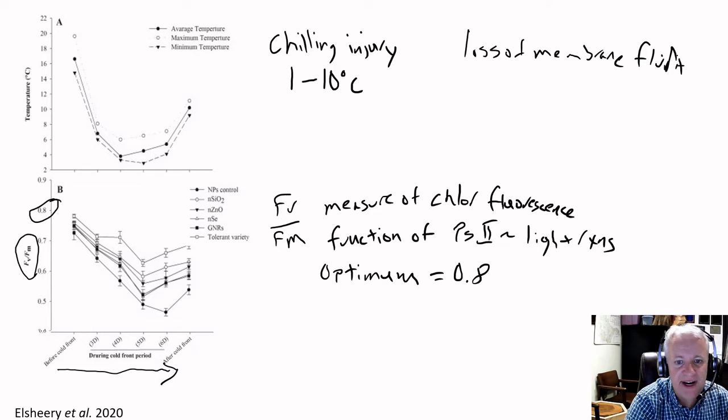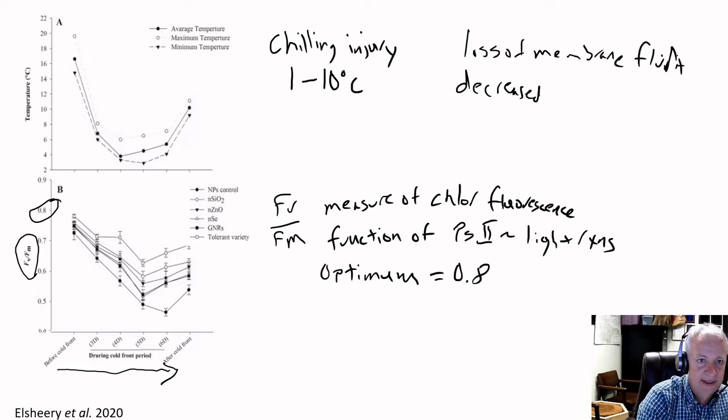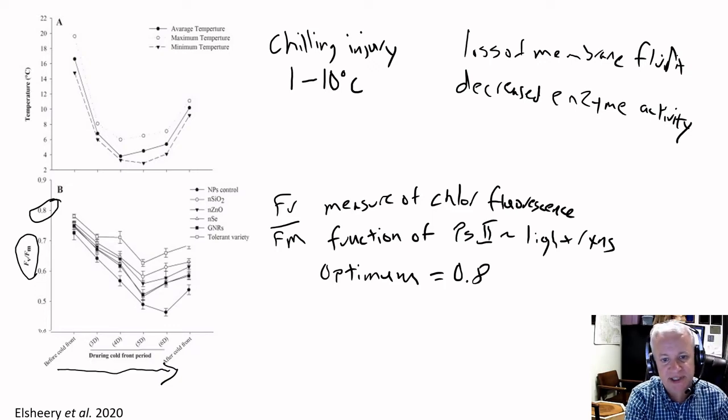So loss of membrane fluidity, decreased enzyme activity in those membranes at those low temperatures. So all of those would impair the light reactions of photosynthesis in these warm weather adapted plants like sugarcane.